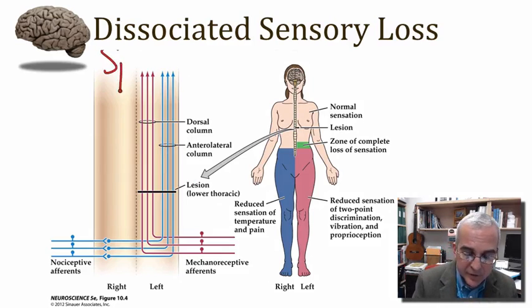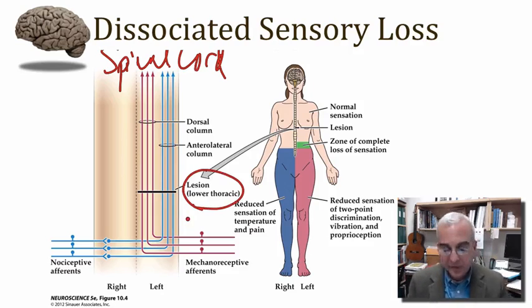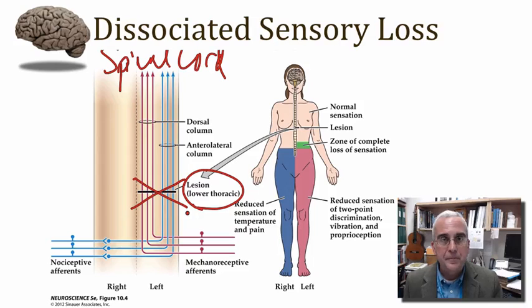So this illustration here is of the spinal cord, and imagine that there is some kind of lesion in the lower thoracic area that takes out half the cord. And we haven't yet talked about the motor pathways, so let's not consider them at the moment. Let's just focus on our somatic sensory pathways and think about what we're going to see in a patient with a spinal cord injury that is restricted to one half of the cord.